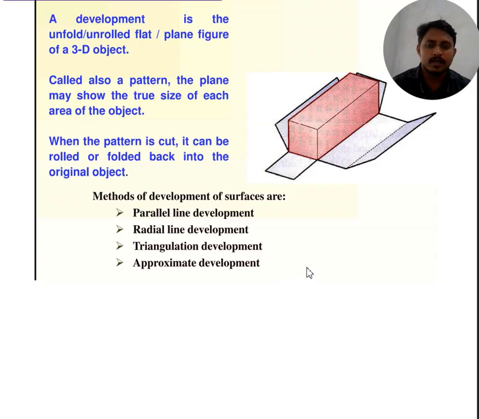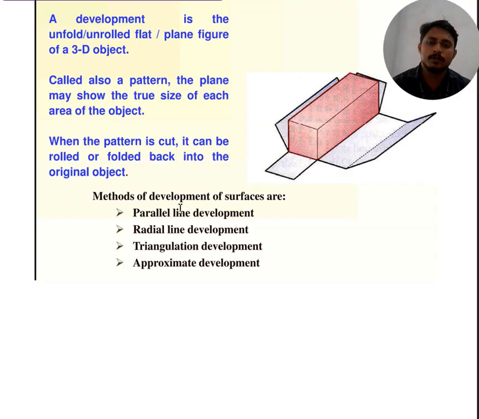This method is based on approximate drawings, mostly used for double curved surface objects. In our fourth unit, we did not discuss triangulation development and approximate development, because that is not in our syllabus.